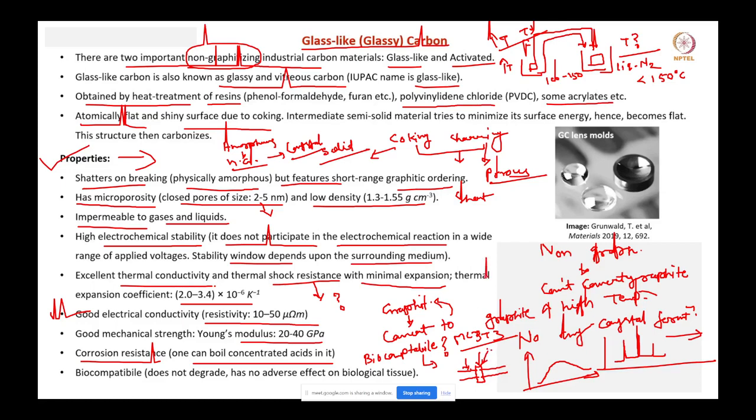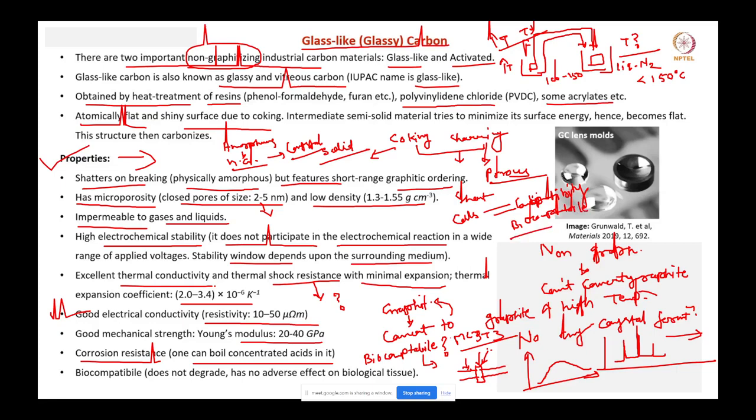So your cells should be compatible with the material that you have inserted externally. Then only can you say your material is biocompatible, because it is compatible inside your body. It is not giving any toxic things.